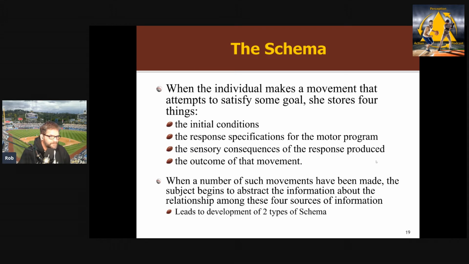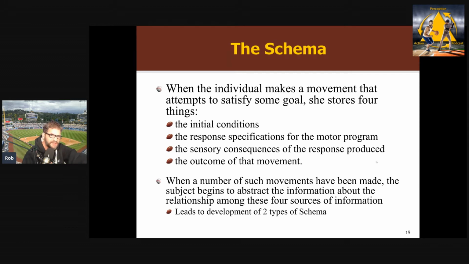And for Schmidt, these came from the fact that, through trial and error and practicing an activity, we create in memory a representation that has 4 parts in it. Every time I move, there are initial conditions, which I get from my sensory information. I know what position my body is initially in, I know where the target is visually, and so on. I generate a specification for the motor program on how to move, for example, how to hit something.